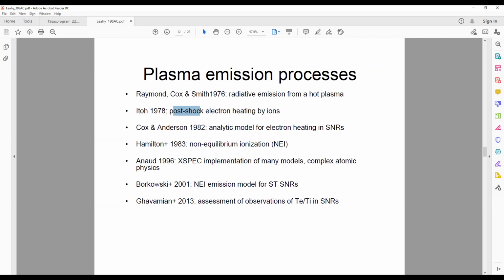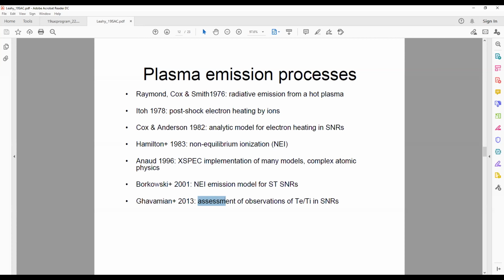Other work put in the complication that the electrons and ions have different temperature distributions. The electron collisions with the ions only heat them gradually, so this can take many thousands of years before you get equilibrium ionization. This is an important thing, and it's included basically in all the X-ray spectral modeling of supernova remnants. So XSpec has been continually updated to include all these modelings.